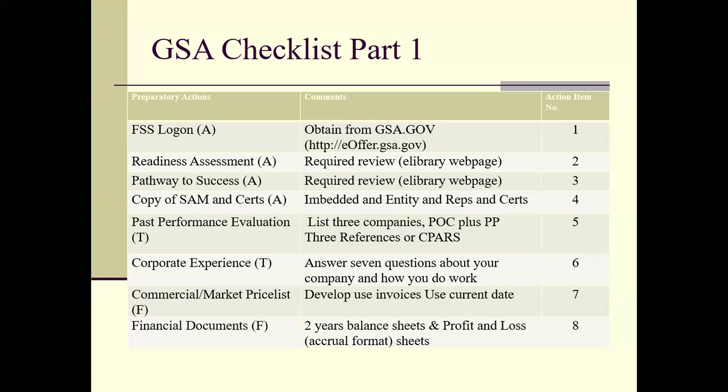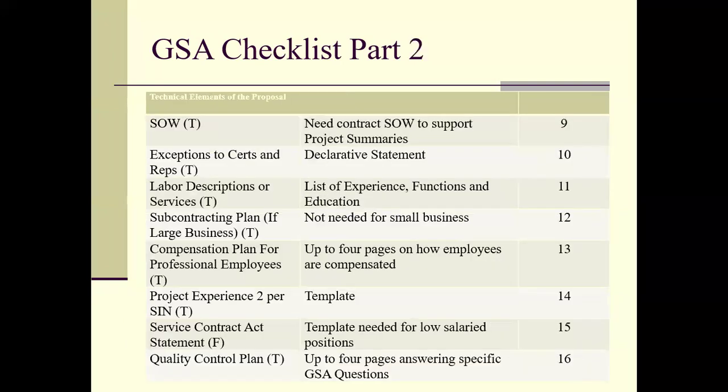Again, profit and loss, balance sheet, 2 years' worth, and in accrual format. If you submit it in a cash format, they'll just kick it back to you, and you'll just delay your process that much more. Okay, let's take a look at the next part of this checklist.